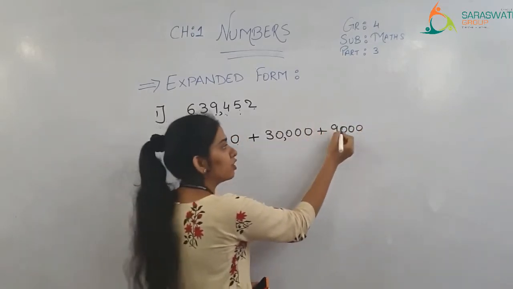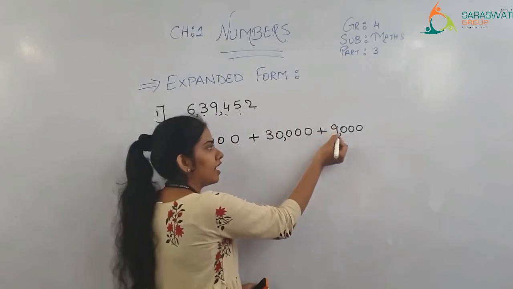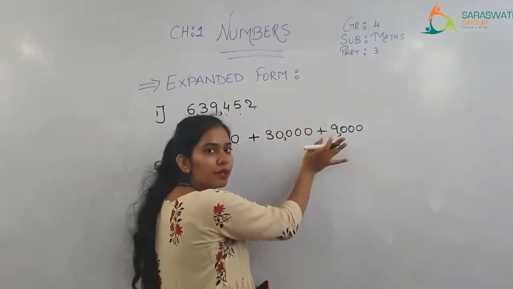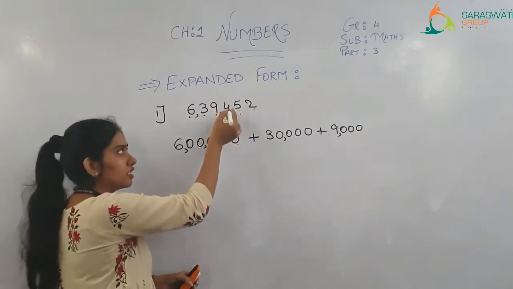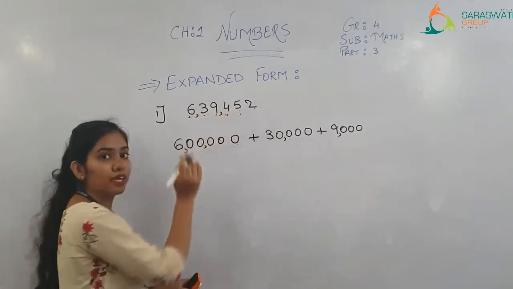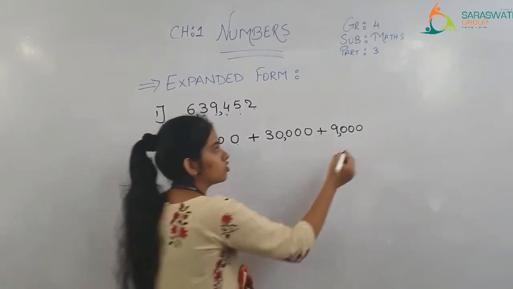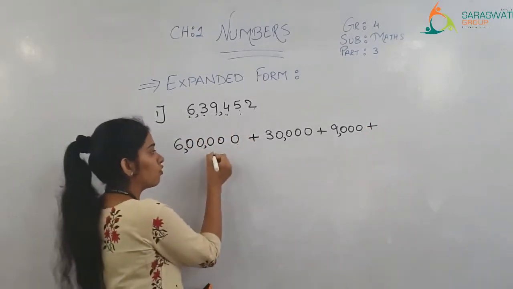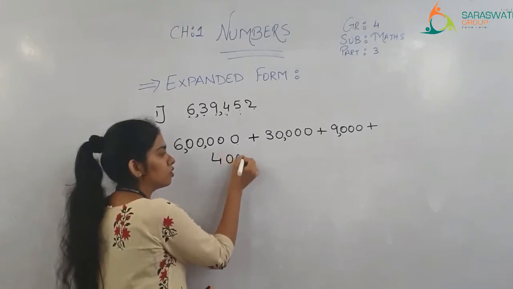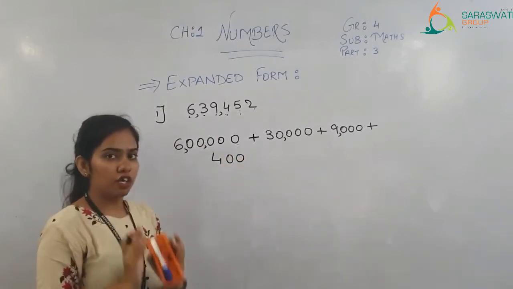After hundreds we will put a comma. And now there is no more digit, so we will keep it as it is. Now let's see which number is next. It is 4. It is at the place of 100. So in hundreds we are having 2 zeros. So 4 followed by 2 zeros, we get 400.